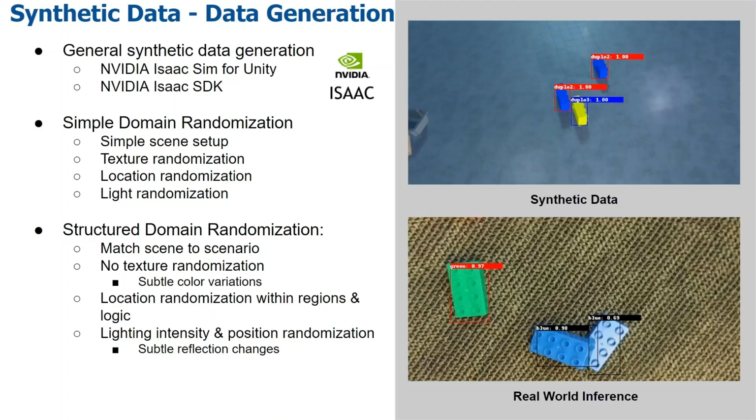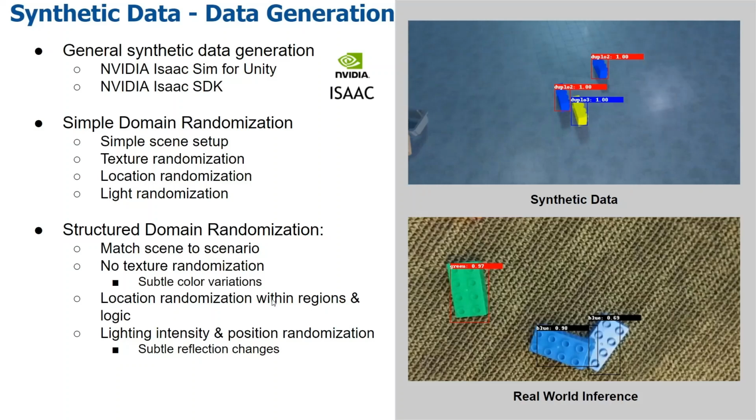However, we found that the simple domain randomization would not perform as well as we would hope for our target use case. Therefore, we wrote our own randomization scripts to perform what we call structured domain randomization. Structured domain randomization still randomizes the scenarios, but it does so in a way that closely matches the real world.